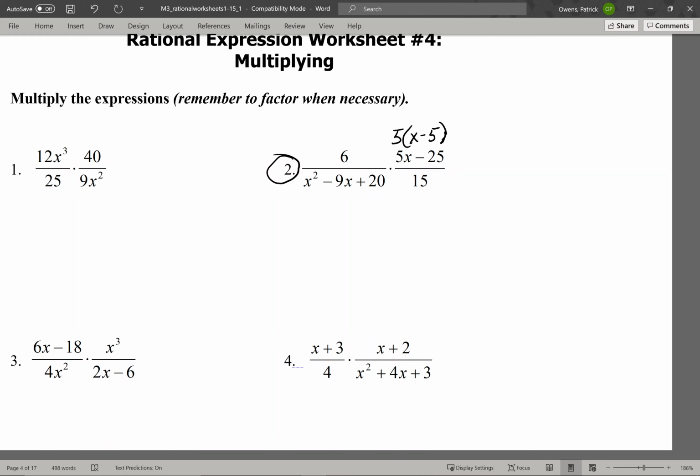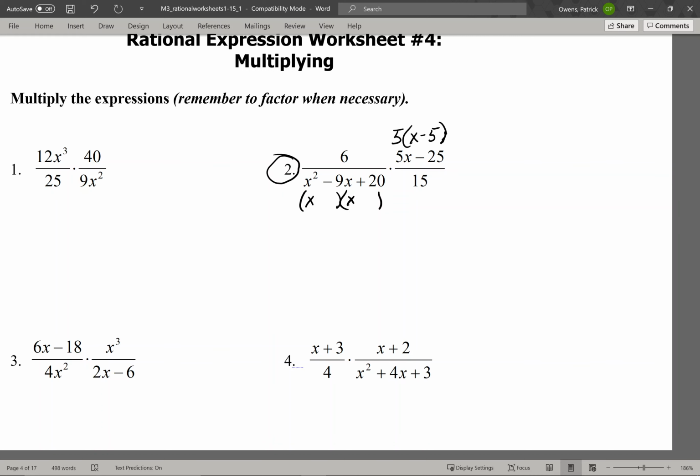It will help us get smaller values, help us factor to where we can cross some things out by factoring. Then this denominator, this x squared minus 9x plus 20, we want to go ahead and factor like we know how to factor quadratic trinomials.